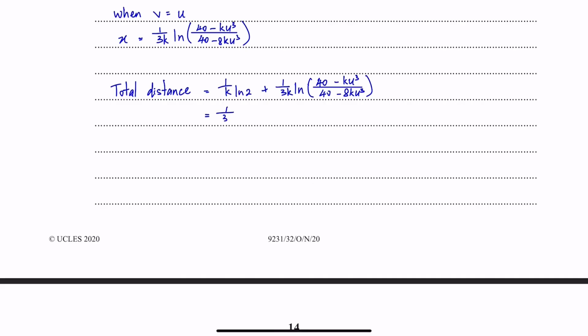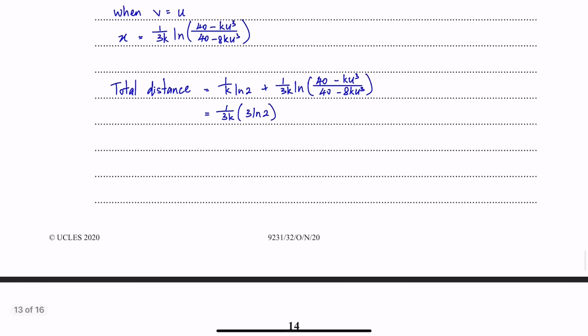So we have 1 over 3k times 3 ln 2 plus 1 over 3k times ln of 40 minus ku cubed over 40 minus 8 ku cubed. And 3 ln 2 is basically ln 2 cubed, which is ln 8. So we have this.